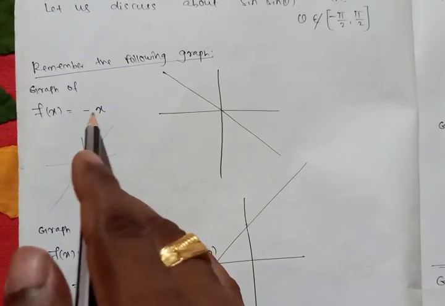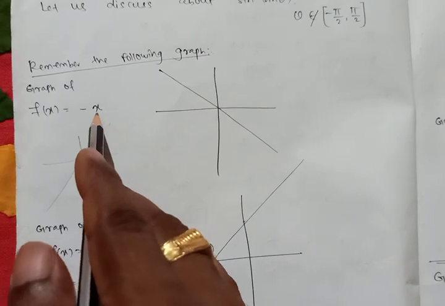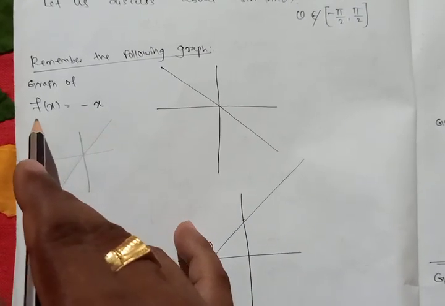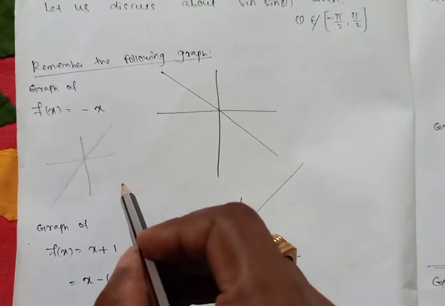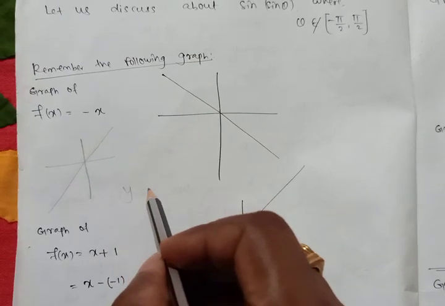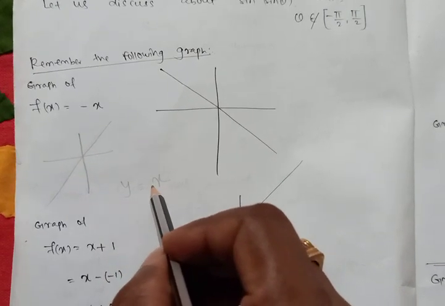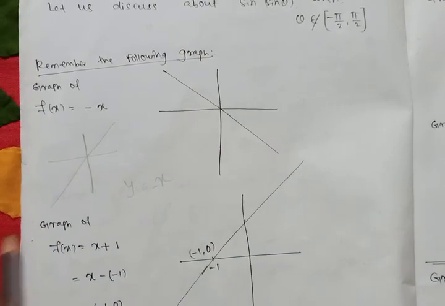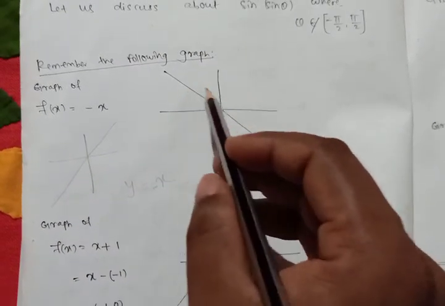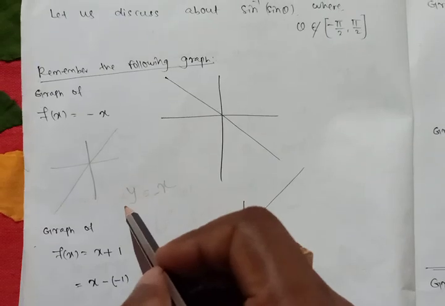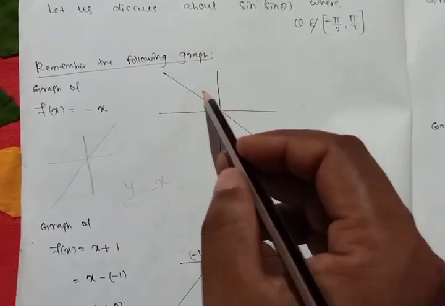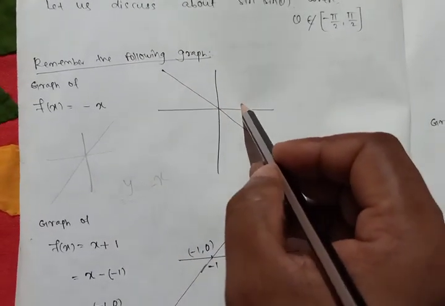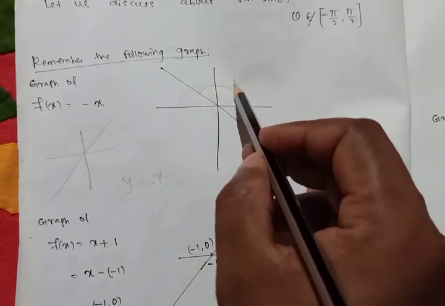Then here f of x equal to minus x means you take f of x as y, so y is equal to minus x. We have to draw the graph of y equal to minus x. It is like this. It has slope minus 1, which means this straight line makes an angle of 135 degrees with the x axis.